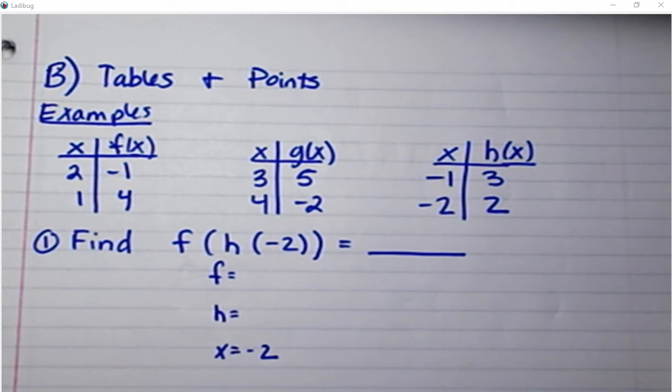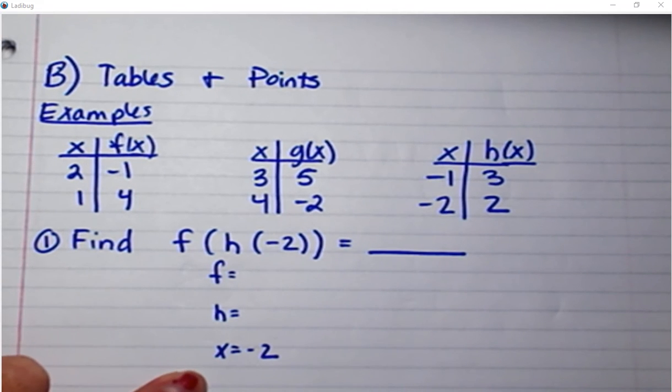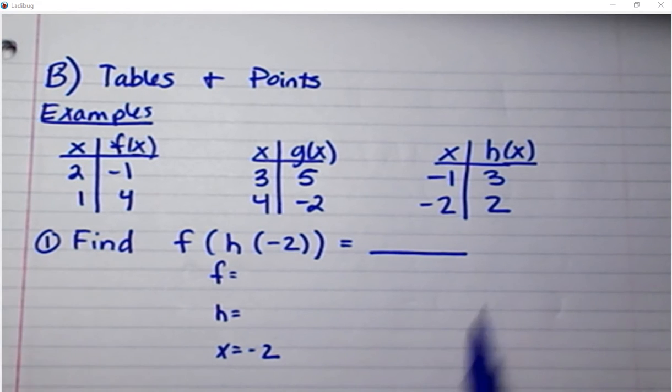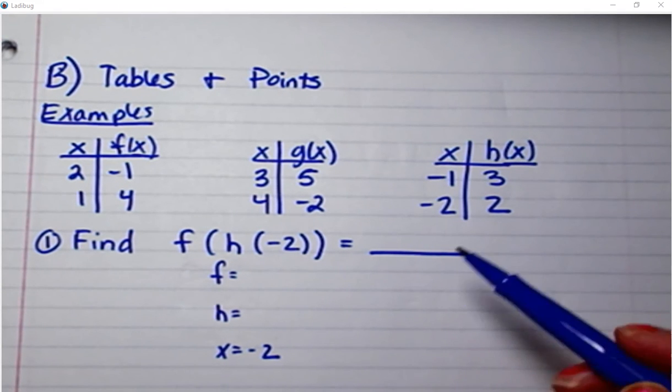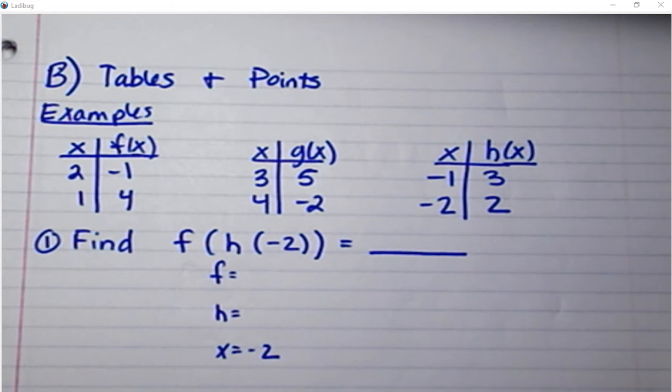Okay, so I'm still setting this up in a very similar way. I just don't have any equations to write here. I just have F and H, which are tables, which is really just points. Could they be a graph? Yes, a graph is just a visual of all the X's and Y's that go together.